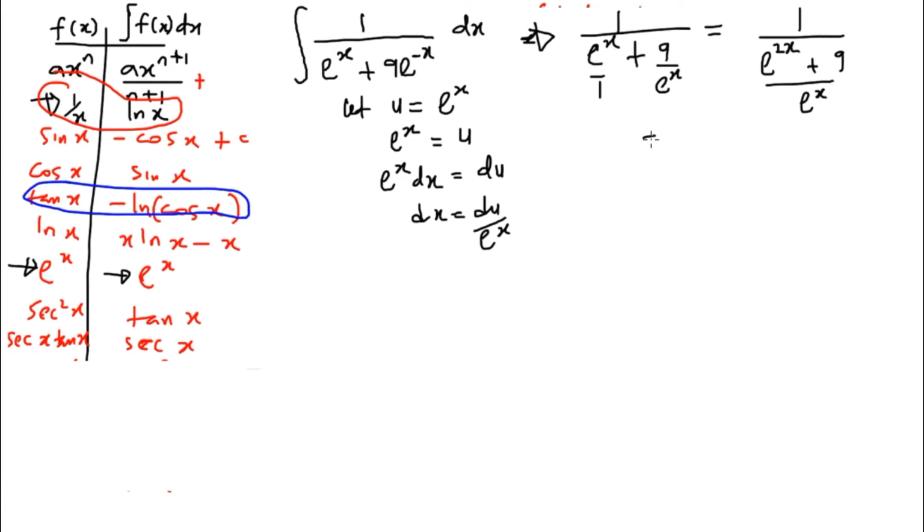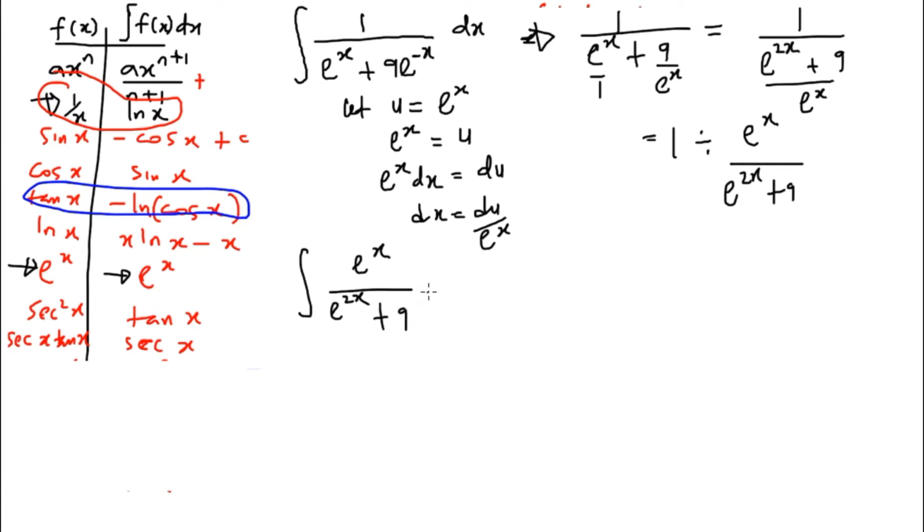So it is just like having 1 divided by that, e^x upon e^(2x) plus 9. So what I really want to integrate is the integral of e^x upon e^(2x) plus 9, then I'll have the dx beside it.